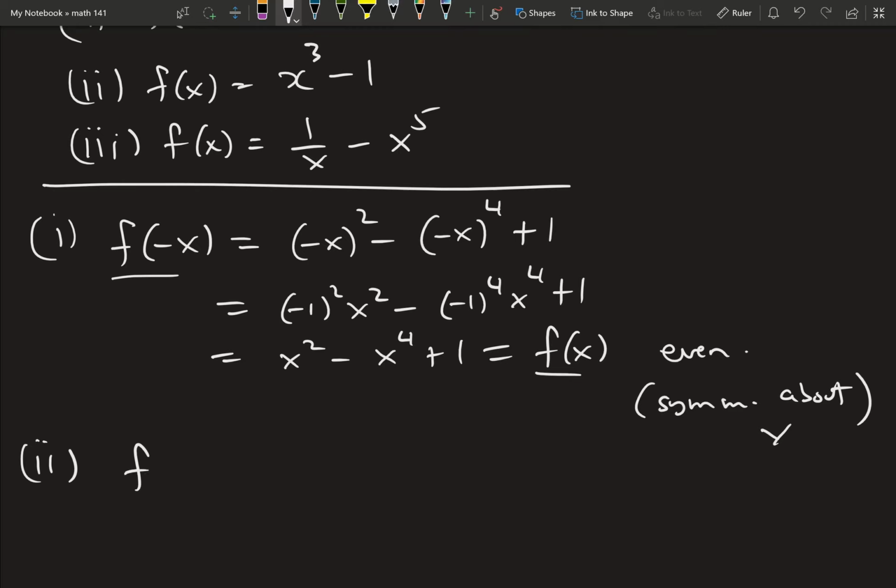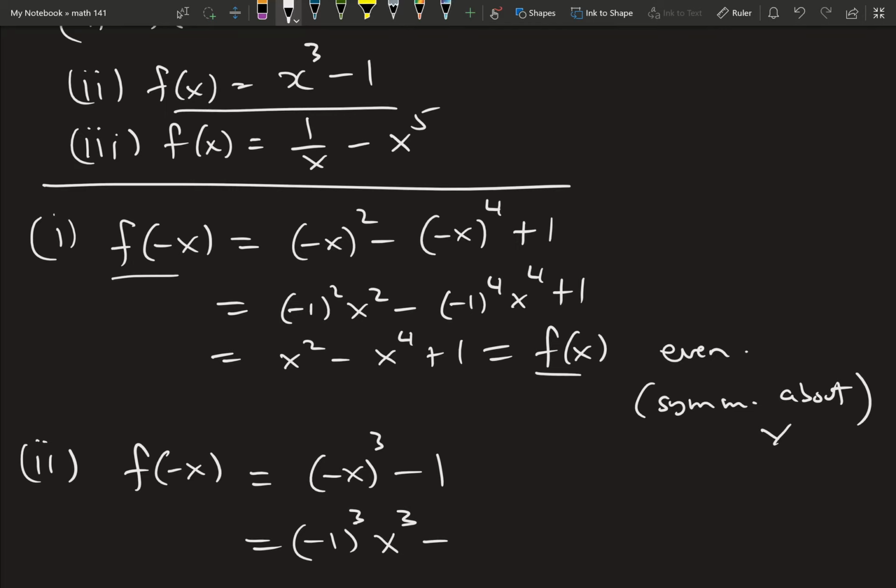Let's look at the next one, where f of x is x cubed minus 1. So f of negative x then is negative x quantity cubed minus 1. This is negative 1 cubed x cubed minus 1.